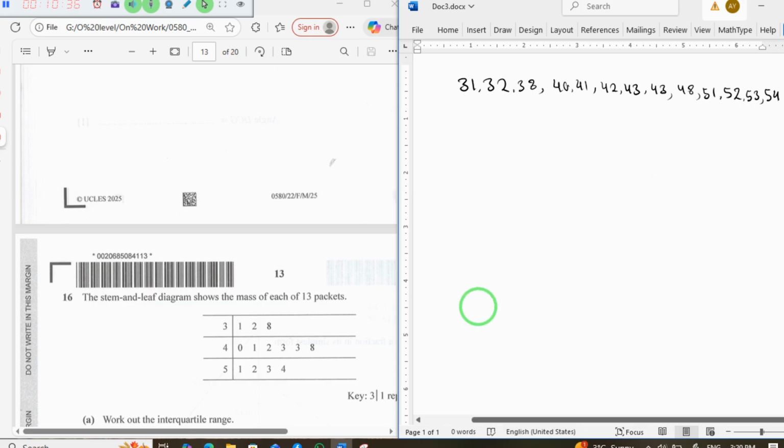This is the data we take from the stem and leaf diagram.